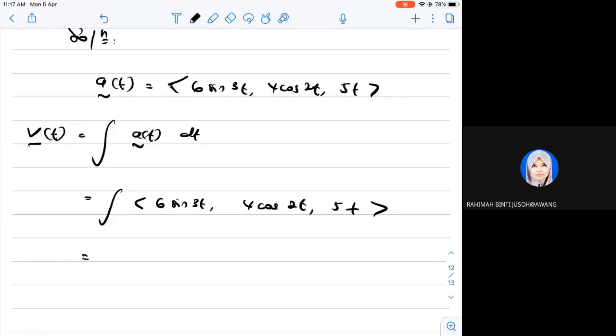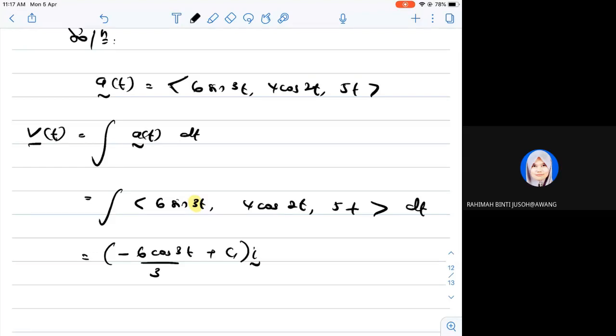How do we integrate 6 sin 3t? 3 tu bawa ke mana guys? Ke bawah. Okay, very good. Integrate sin dapat apa? Negative cos. Okay, well done. So we will have negative 6 cos 3t over 3. Macam tu. Plus C1i. Okay, so settle the first term.